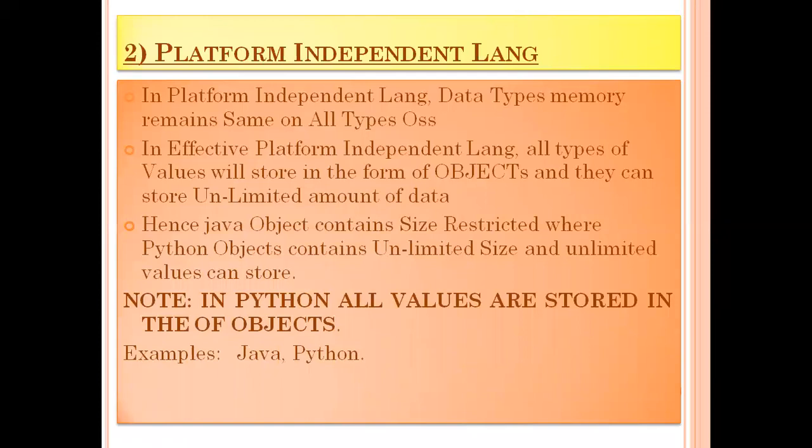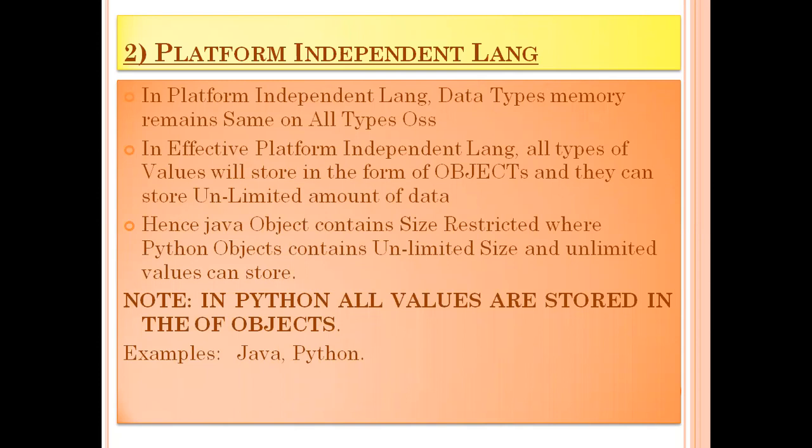Now, what do you mean by platform-independent language? In a platform-independent language, data types' memory remains the same on all types of OSes. So in Python, all types of values are stored in the form of objects, and they can store unlimited amounts of data.